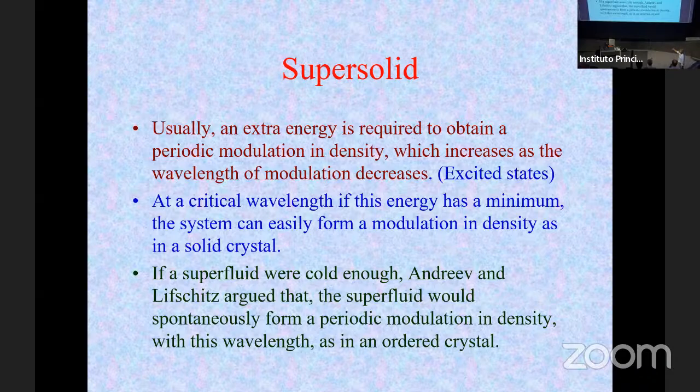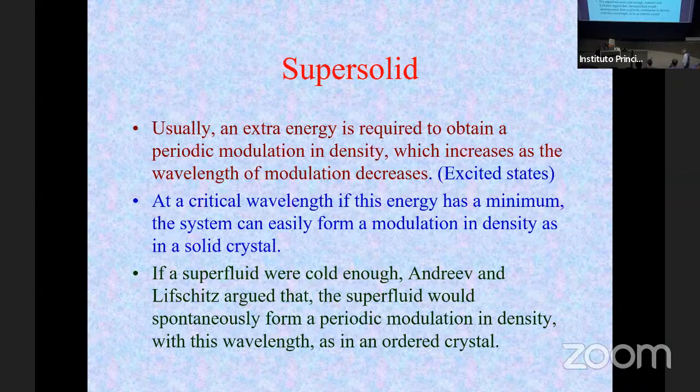So at some critical wavelength, you see as the wavelength of the modulation decreases, the energy is less. And if the wavelength of modulation decreases, you need to make excitation, you need more energy. So some energy is needed.